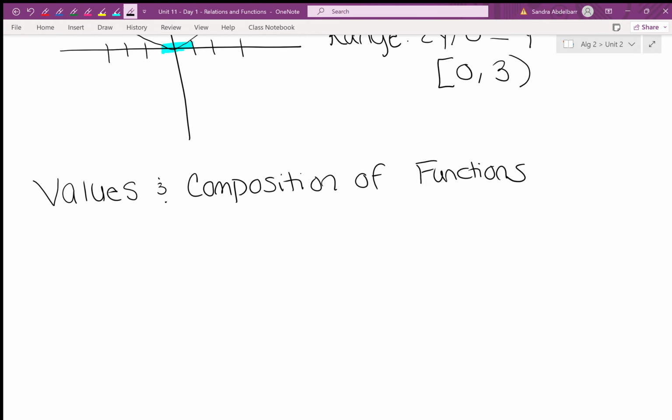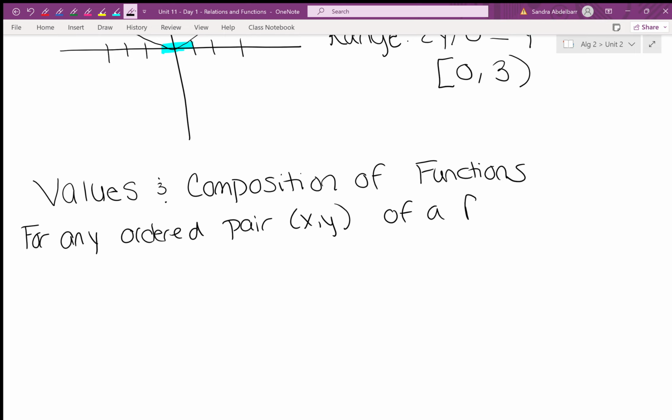For any ordered pair x comma y of a function, we have f of x equals y. So I'm going to first say how to read this. F of x equals y.